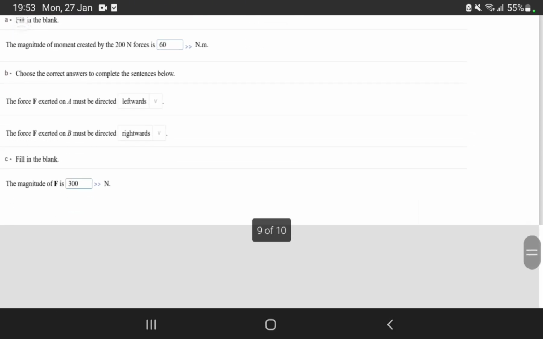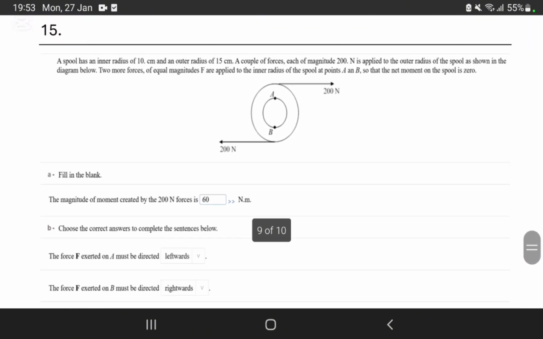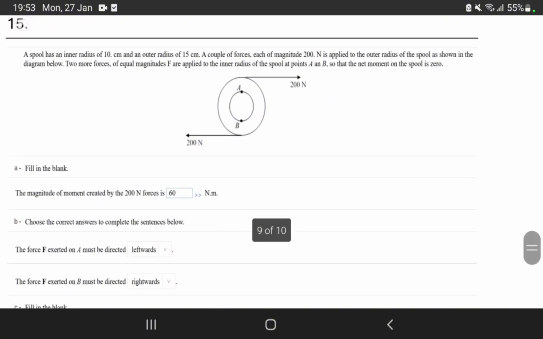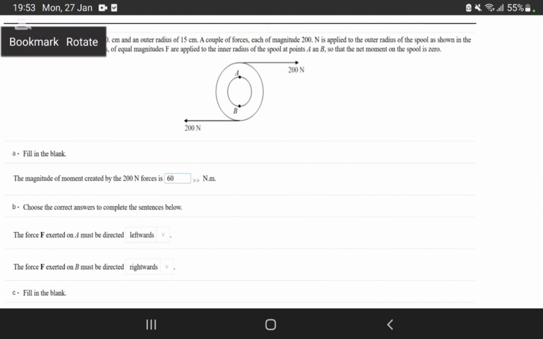Number 15. A spool has an interior radius of 10 centimeters and an outer radius of 15 centimeters. A couple of forces, each of magnitude 200 Newton, is applied to the outer radius of the spool as shown in the diagram below.